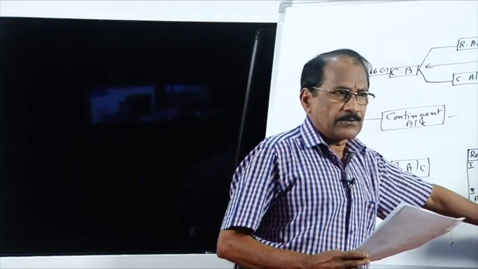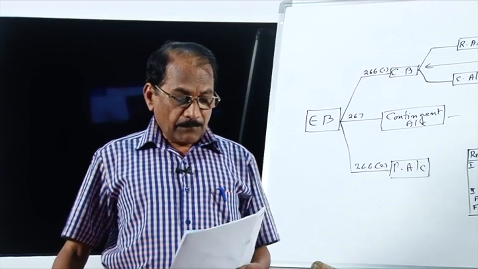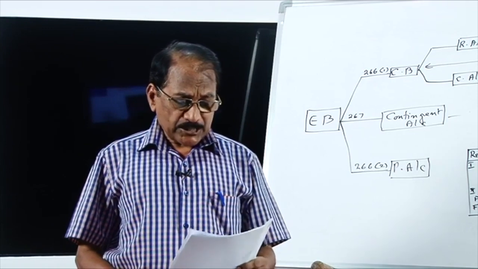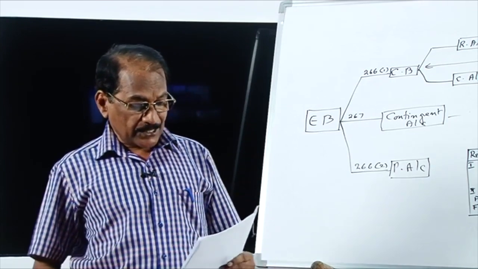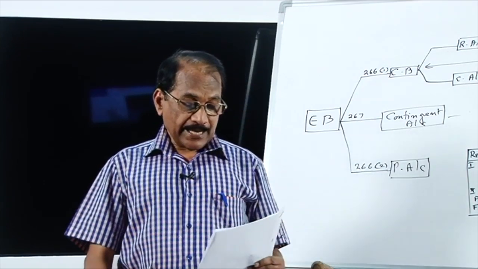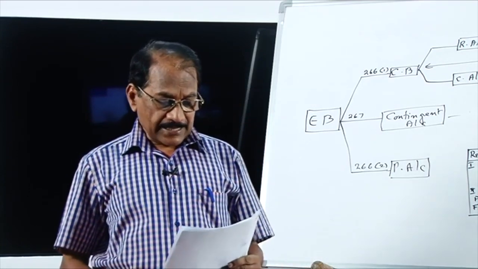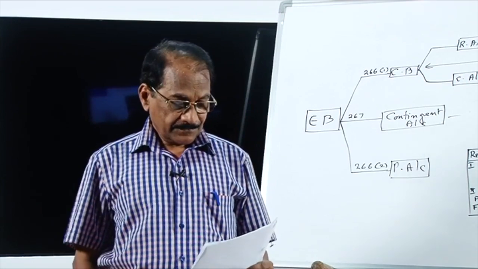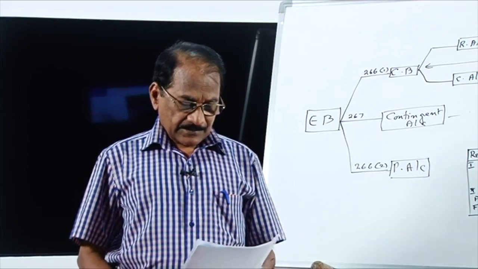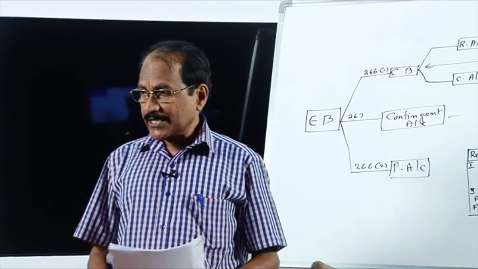Capital budget means capital account; capital budget and capital account are the same. Number 1: expenditures on acquisition of assets like road, building, machineries, etc.